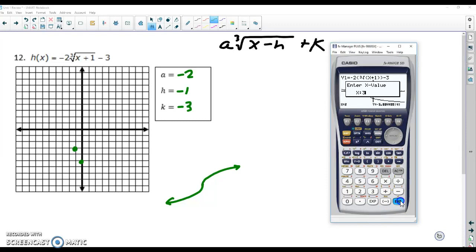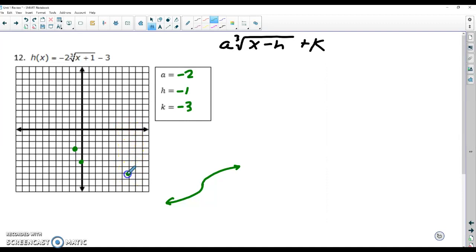Another decimal, I'll go to 3. Another decimal, I'll go to 4. Go to 5, go to 6, go to 7. There it is. At +7, it's at -7. So I think +7 is here, and -7 is probably somewhere around here.